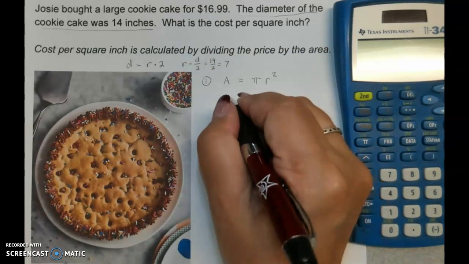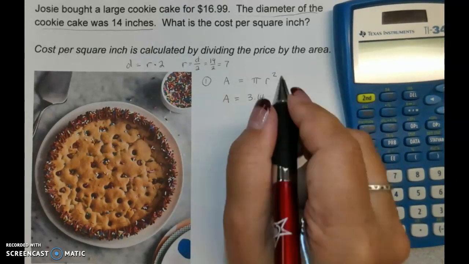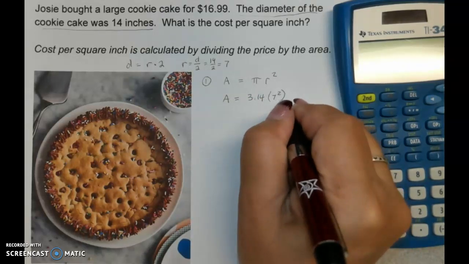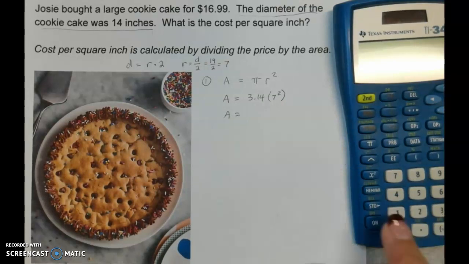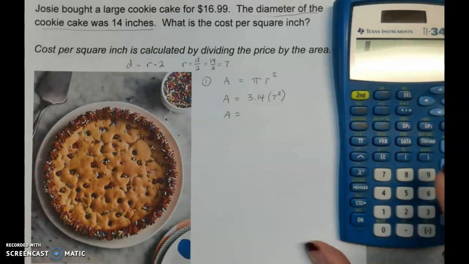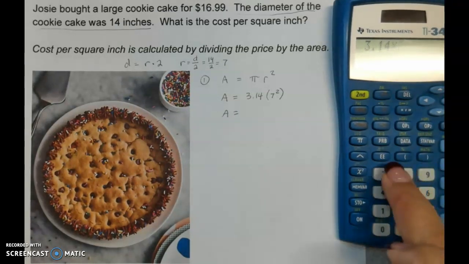Let's substitute what we know into our formula. We're going to use the abbreviated version of pi, 3.14, times that radius squared. All right, now we're going to go ahead and grab our calculator. I'm going to punch in 3.14 times 7 squared.